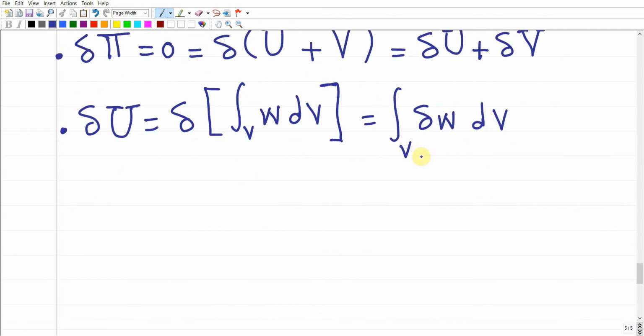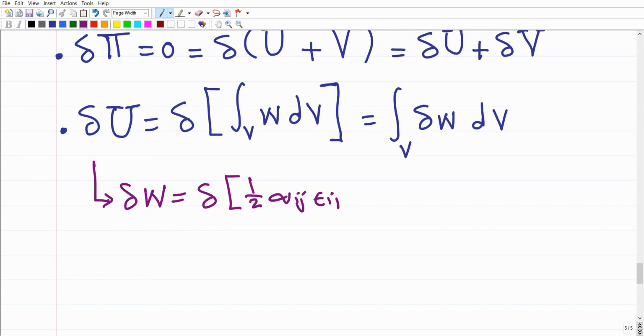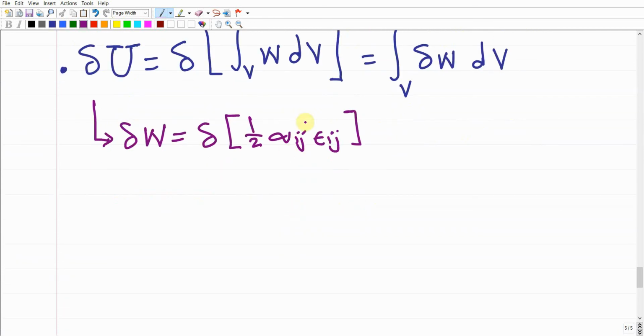So now let us work on the first variation of the strain energy, delta W. We define W as 1 over 2 sigma ij epsilon ij, if we decided to work in terms of the stresses.